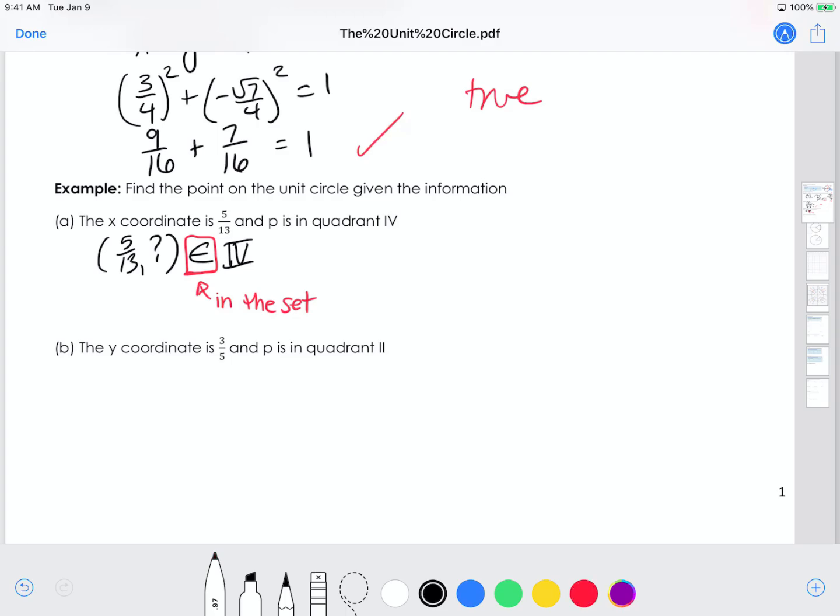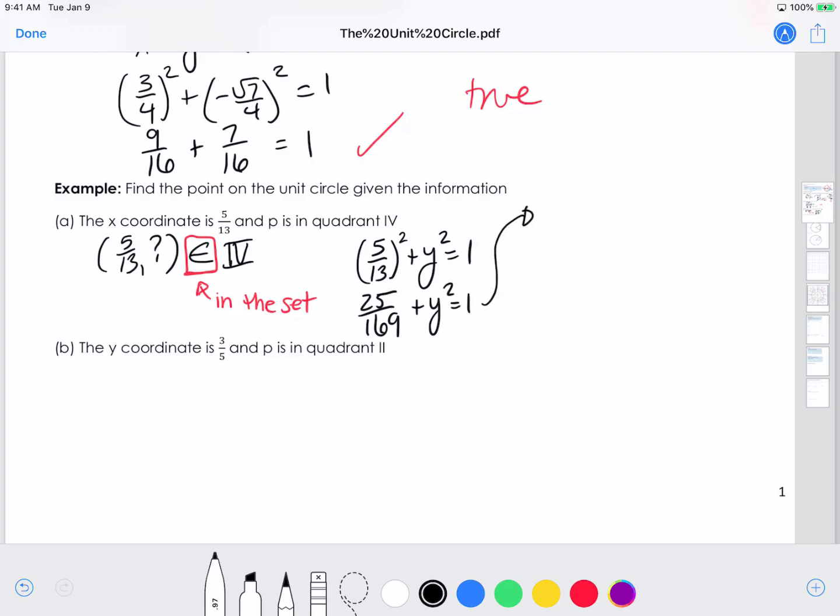Now, we need to plug in 5/13 for our x value and find the value of y. So we're going to square 5/13, which is going to give me 25/169.